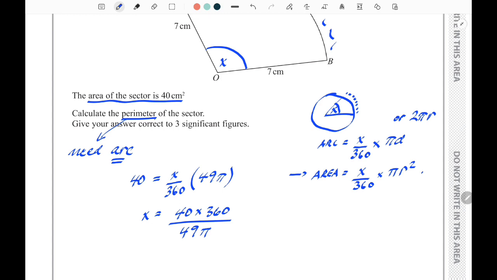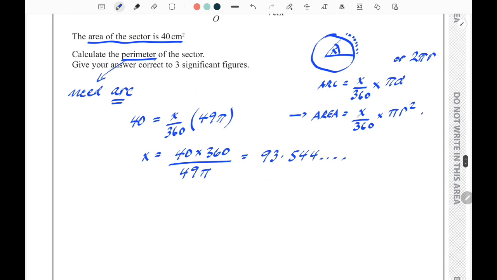So just rearranging that to get x on its own. And I'm going to do that very quickly. Times 360 divided by 49 pi, 93.544, etc. Numbers in your calculator.